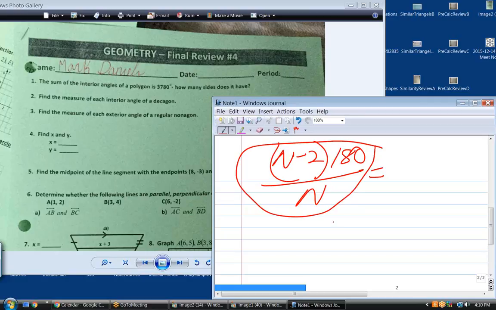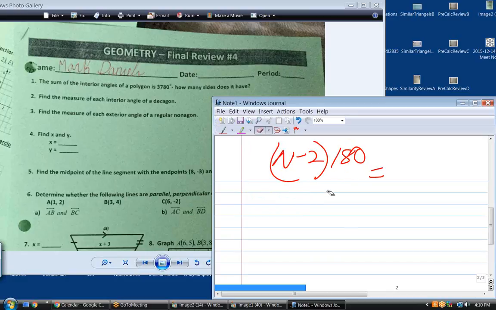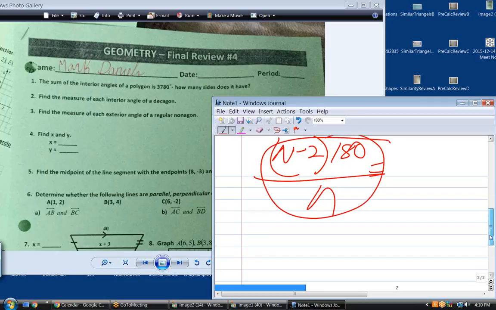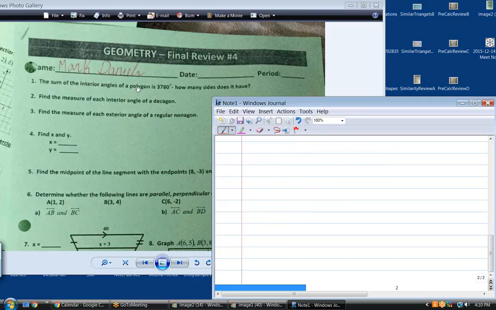I could draw an 8-sided figure where every angle was not the same, so that it's not regular, and that makes a difference. You can't use this formula if it's not regular. But if it's regular, that's the sum of the angles, there's this many sides, and so each angle is going to be that. Okay, that makes sense.